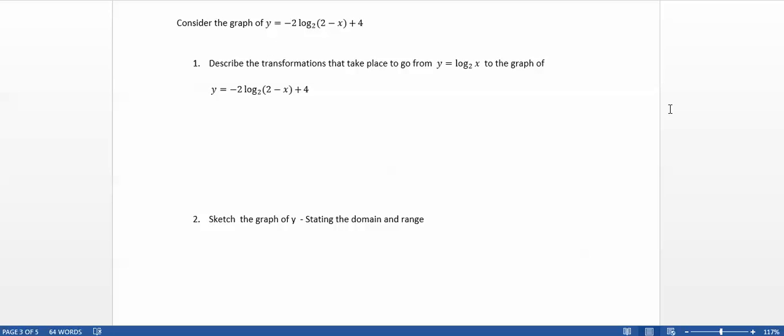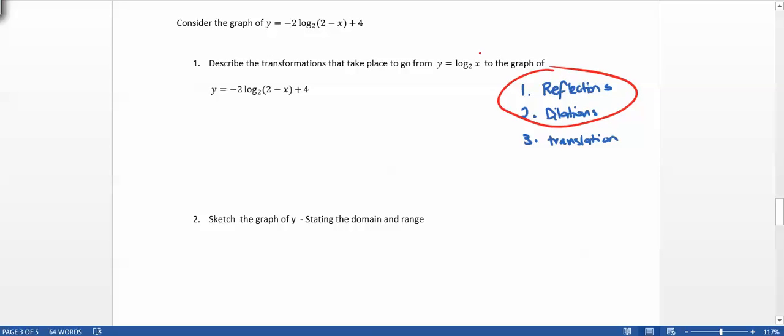My method was to look first at the reflections, then look at the dilations, and then look at the translations. A lot of the time you can look at these at the same time.